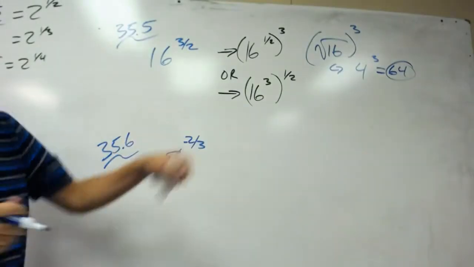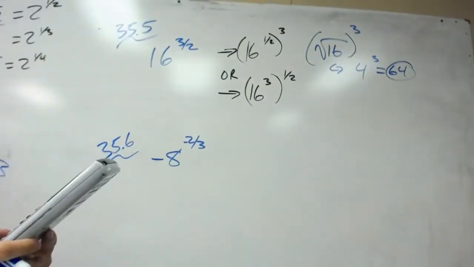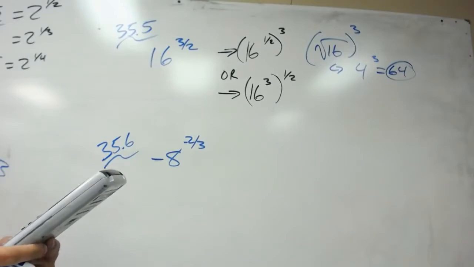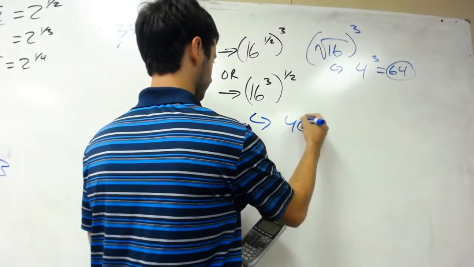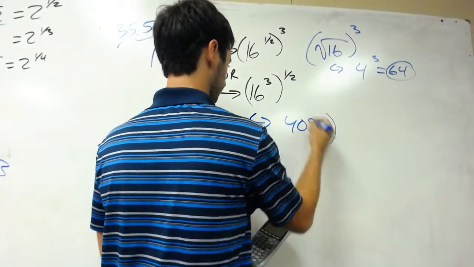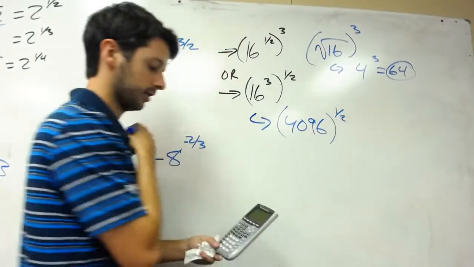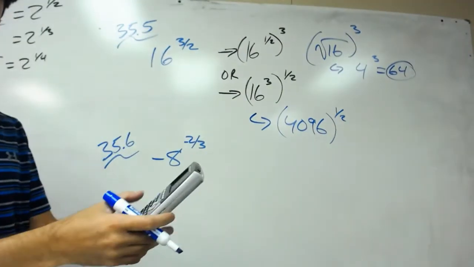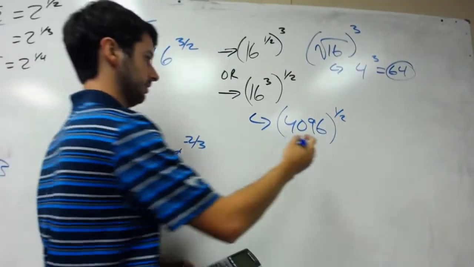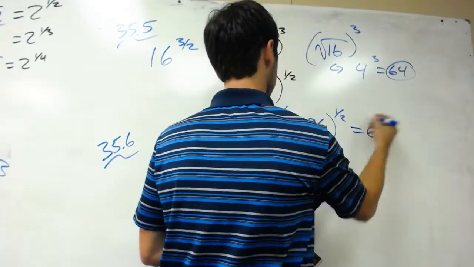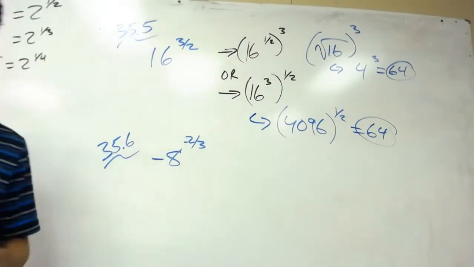If I cube 16, that would be 4,096 to the 1/2 power. And then I can type in square root of 4096 and get 64. Okay, so you can do it that way.